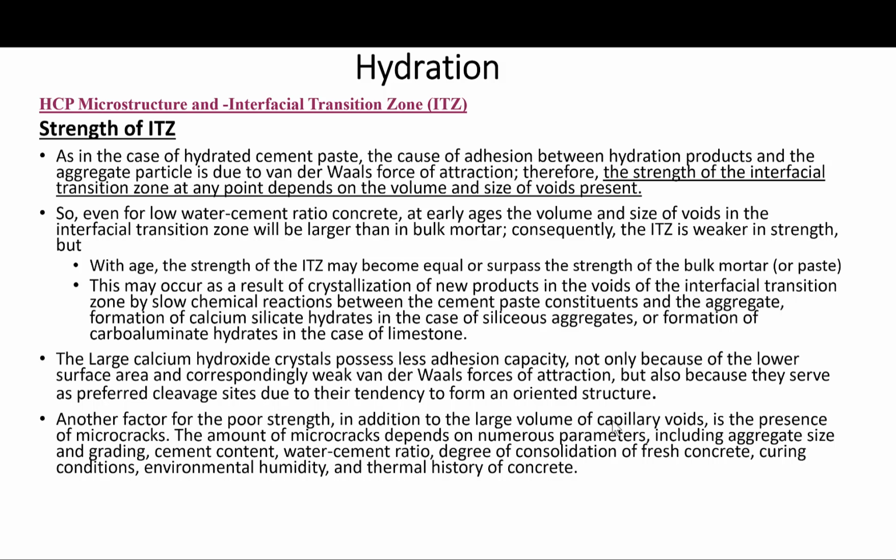The amount of microcracks depends on numerous parameters, including aggregate size and grading, the cement content, water cement ratio, degree of consolidation of fresh concrete, curing conditions, environmental humidity, and the thermal history of the concrete.